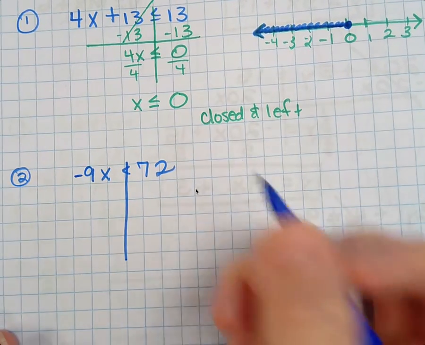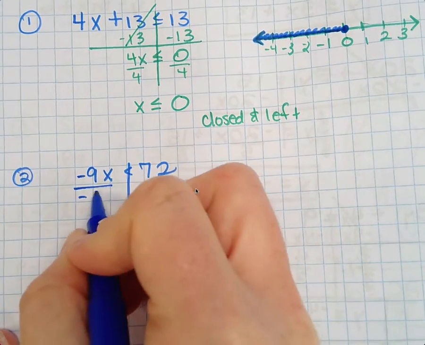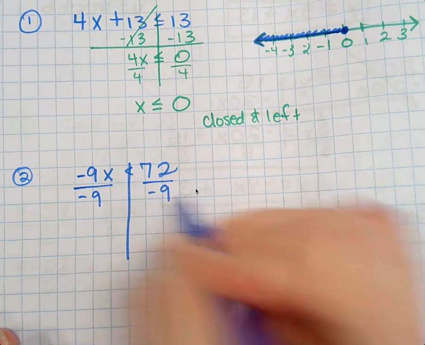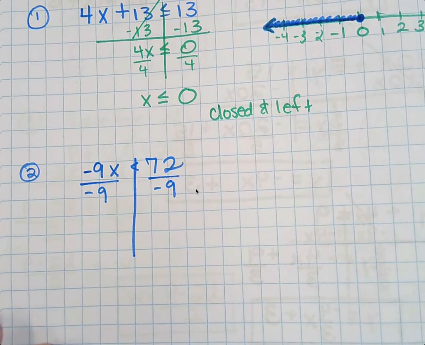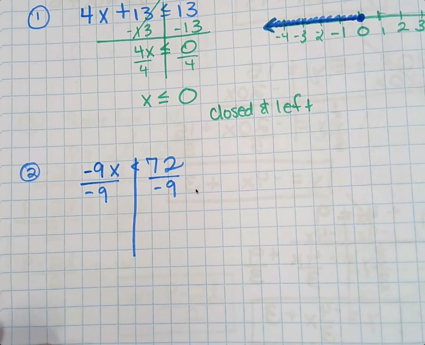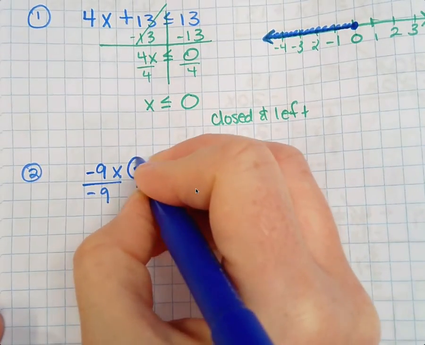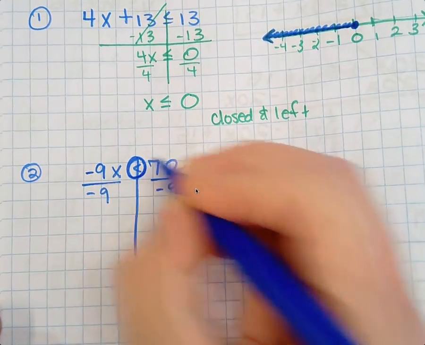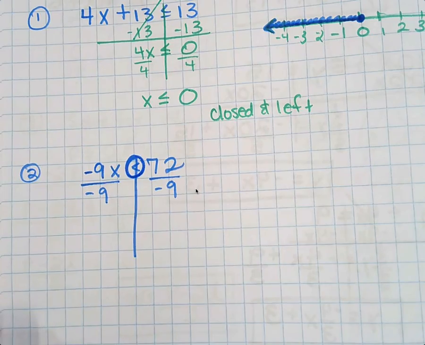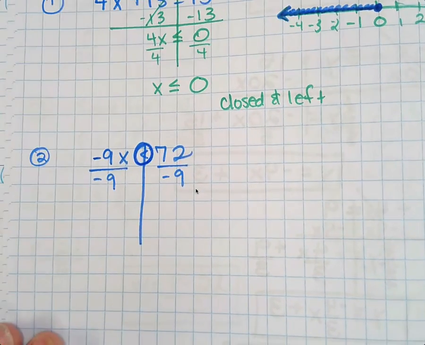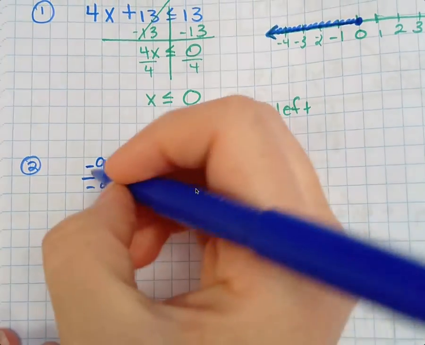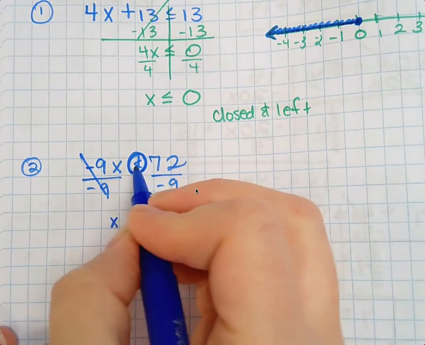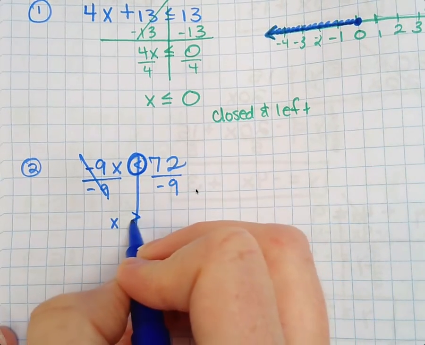Okay, so we are going to divide by -9. And this is that special rule. Anytime you multiply or divide both sides by a negative, you're going to reverse this symbol. So I always circle it to help me remember that I need to flip that symbol whenever I rewrite the equation. So x, instead of being less than, it's going to be greater than now.